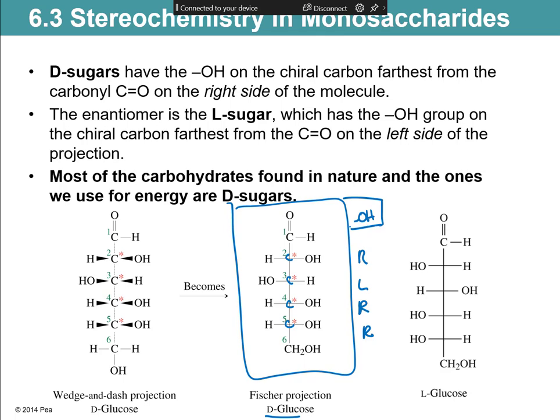If I flip and do the mirror image, can you see that the far right side looks flipped? It's a mirror image. If I was putting a mirror up right here, notice that they're left, right, left, left for the alcohol position, so it's completely flipped. That is the enantiomer, that isomer pair, the right- and left-handed form of glucose that's not superimposable.